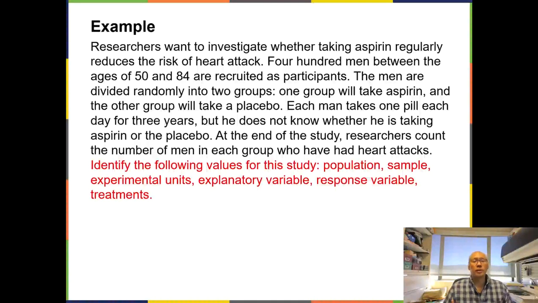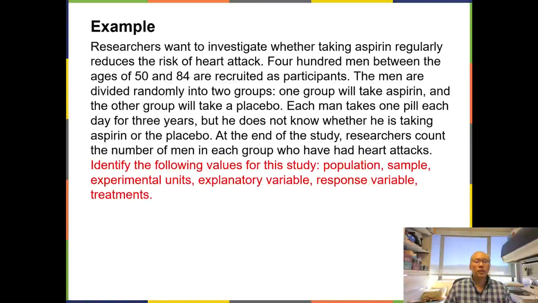One will be taking the aspirin, and the other will be taking a placebo, which is a pretend aspirin, a fake pill that has nothing in it. Each man will take a pill for 3 days, and at the end of the study, researchers will count the number of men in each group who've had heart attacks.